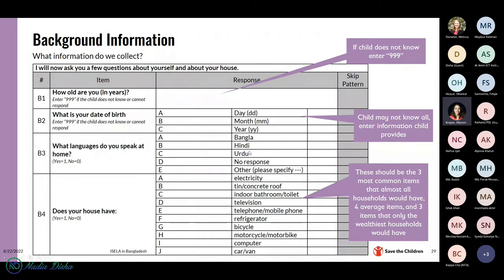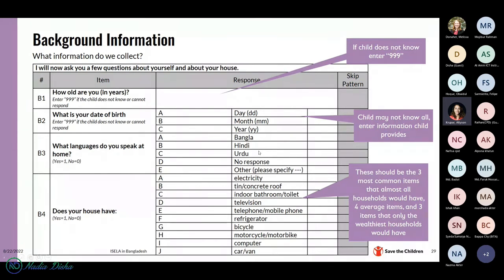Then you can see the languages spoken at home have already been contextualized. So this would be Bangla, Hindi, Urdu, or other. Now, again, ideally, the mother tongue would be used in the data collection. So that means that ideally, you would translate the entire assessment into Bangla, Hindi, and Urdu, which is a lot.